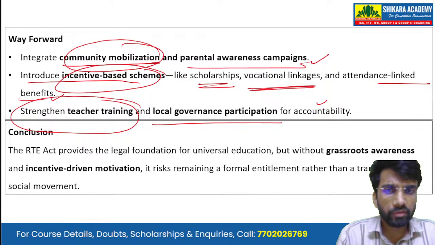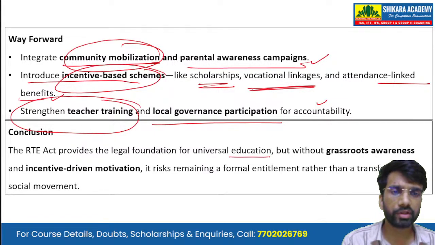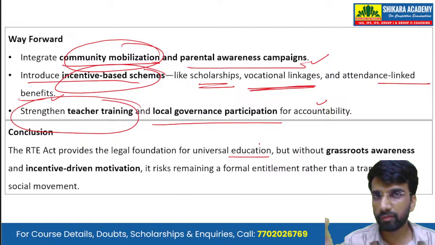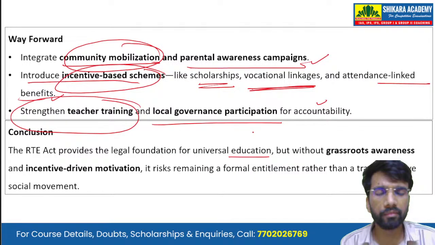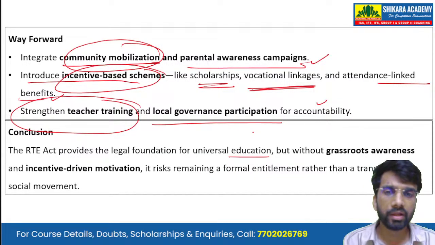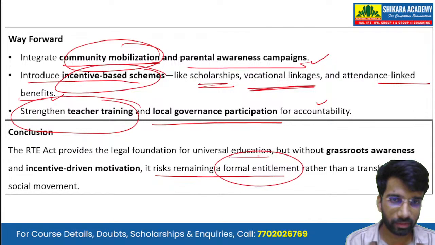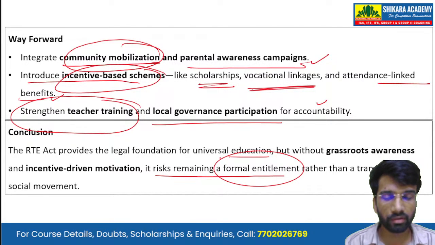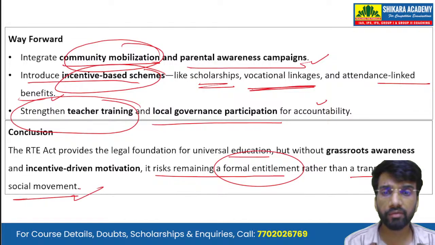So in conclusion, we can write that the RTE Act provides the legal foundation for universal education, but without the grassroots awareness and the incentive-driven motivation, this act risks remaining a formal entitlement rather than a transformative social movement.